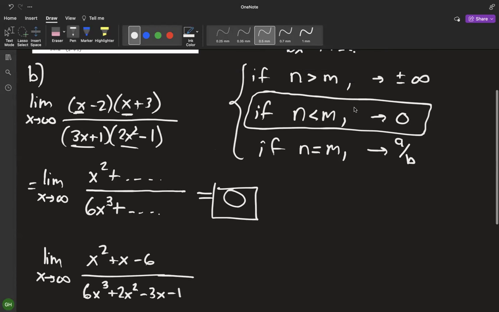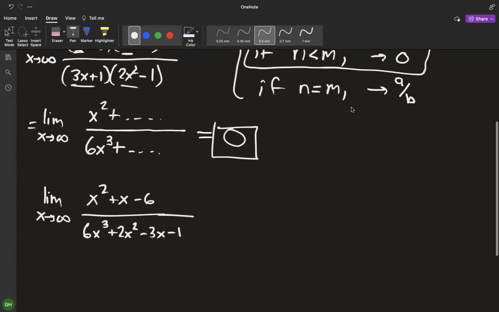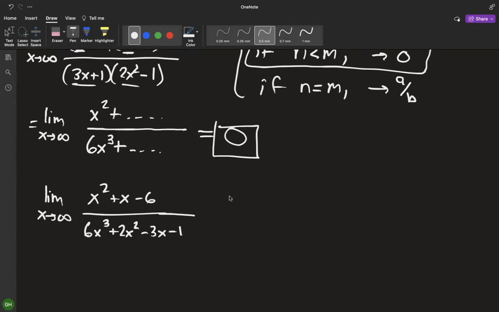If you don't want to memorize the shortcut, the method for solving this limit, because infinity over infinity is indeterminate, which means there's more work that needs done. What I would do is factor out the highest power of x.